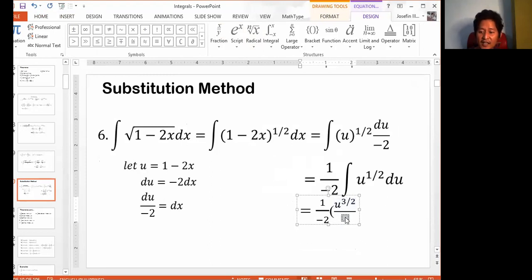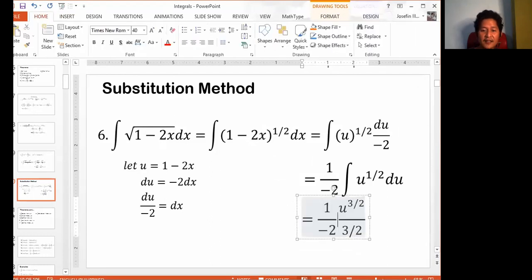So, maglagay din tayo ng 3 halves sa denominator. Got it? And then, plus the magic C. Malinaw? And then finally, simplify natin dahil may negative 1 half tayo dito and then 3 halves. So pwede na makancel yung 3 halves at matitira na lang dito yung 1/3. Okay?